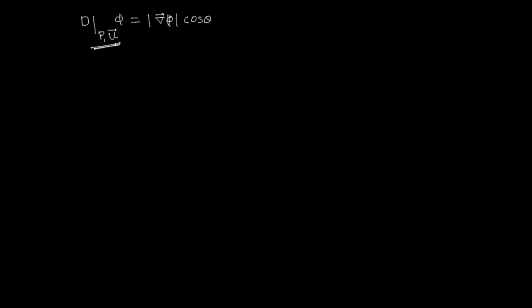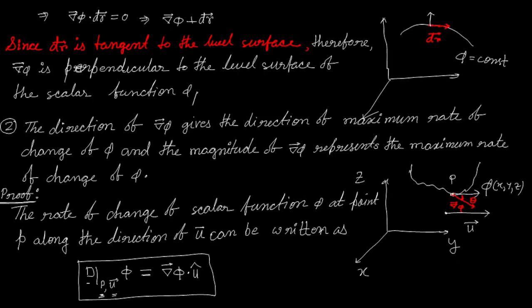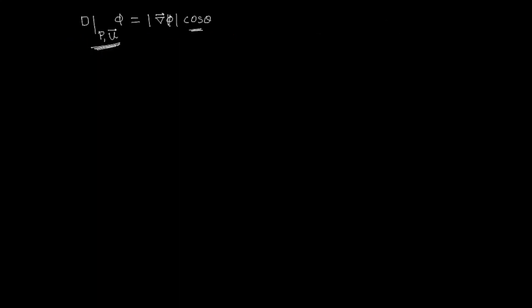This term will be maximum when cos theta is 1, sorry, cos theta will be 1 when theta equals 0. And theta equals 0 means if we consider this u vector along the directions of grad phi, then only this rate of change of phi will be maximum.